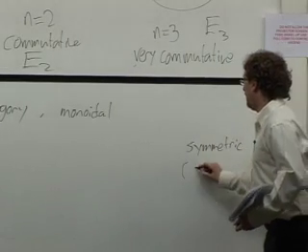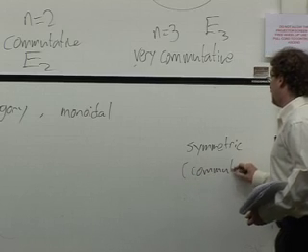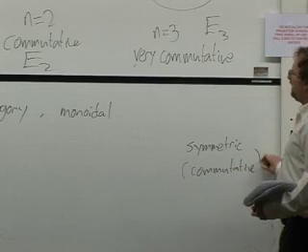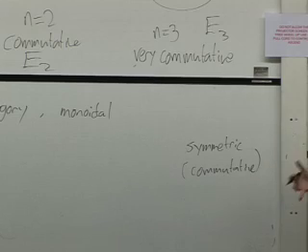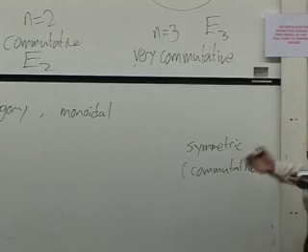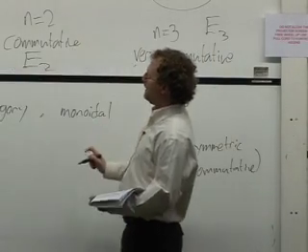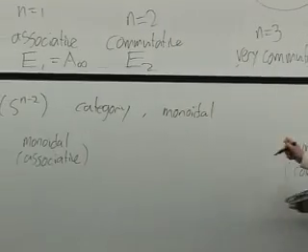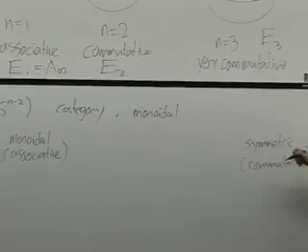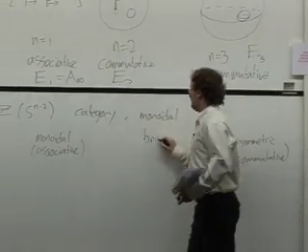A product on a category could be commutative or symmetric. But there's an interesting intermediate world. So in the world of categories, we already see 3 different kinds of products. Unlike in the world of vector spaces, where we just had associative and commutative, categories have monoidal, associative, symmetric, and there's something in between, which is braided.